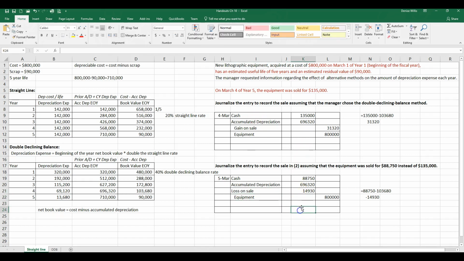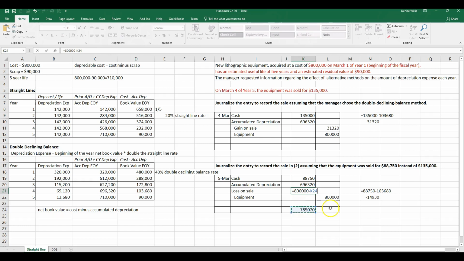Now let's prove the equality of our equation. Our debits are $800,000. There's only one credit. It's $800,000. So that works. And if you did not actually understand how to get the loss, you could simply figure out the difference between my two sides here: 800,000 minus the 785,070. Let's just punch this in here.